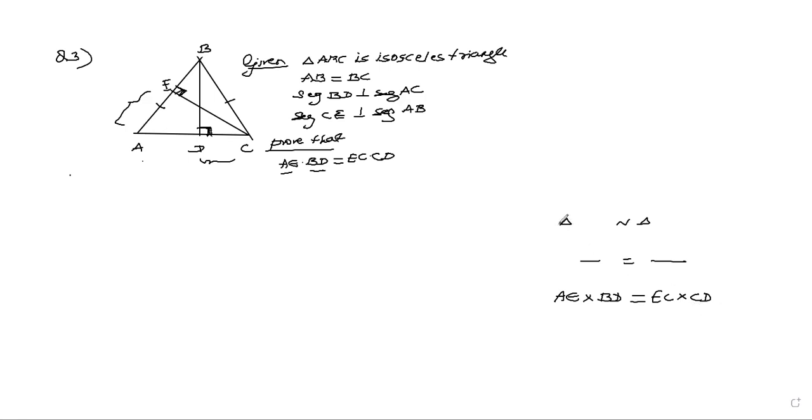So the question is how to select the triangle. When I look here, the segments AE into BD, can you see AE? You can see the two segments, one is AE, one is BD, should be equal to EC into CD.